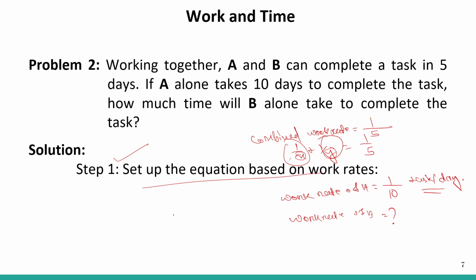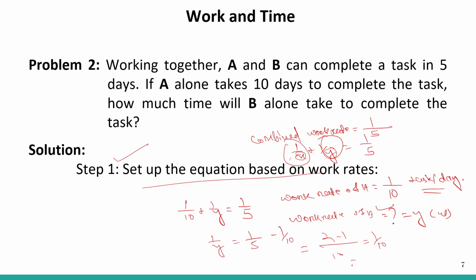Given that the work rate of A is 1 by 10, x is replaced by 10, so 1 by 10 plus 1 by y is equal to 1 by 5, because the work rate of B is unknown, that is y. So 1 by y is equal to 1 by 5 minus 1 by 10, that is equal to 2 minus 1 over 10, which is 1 by 10.